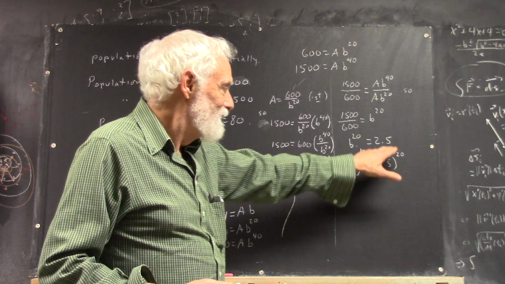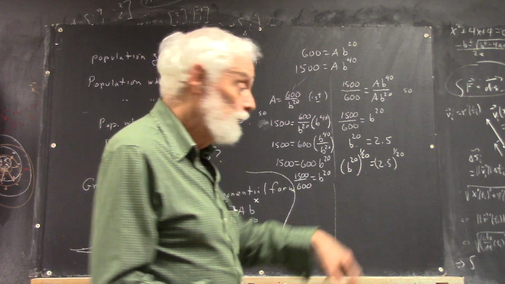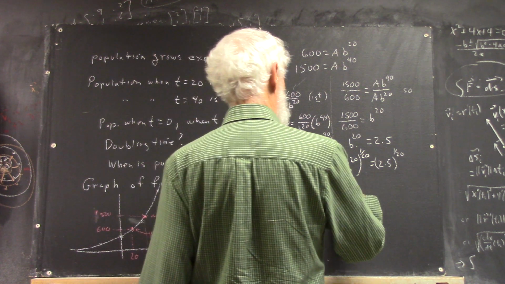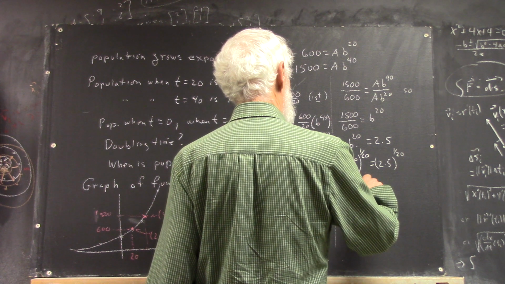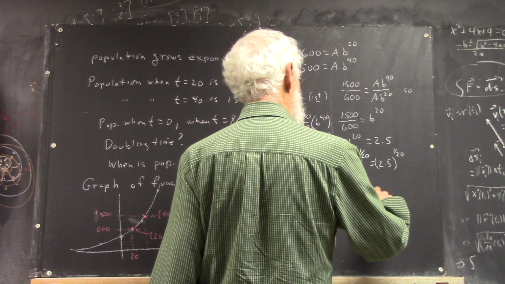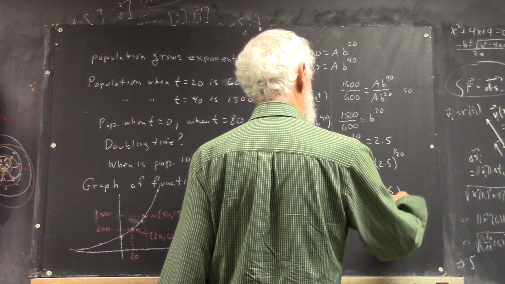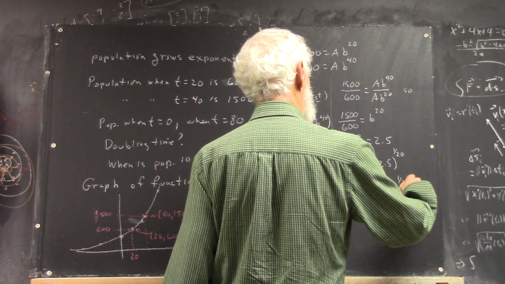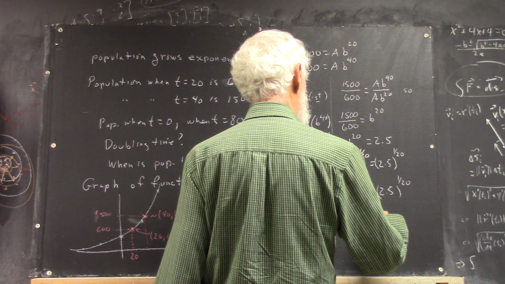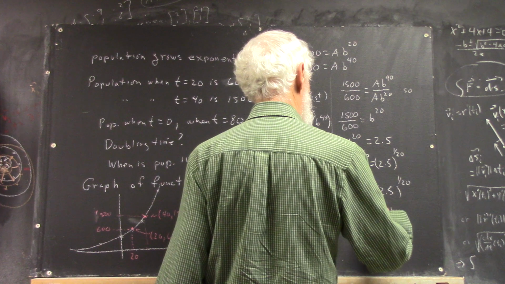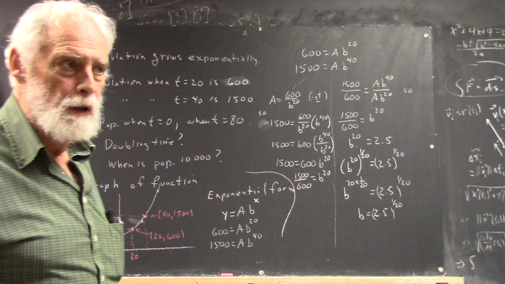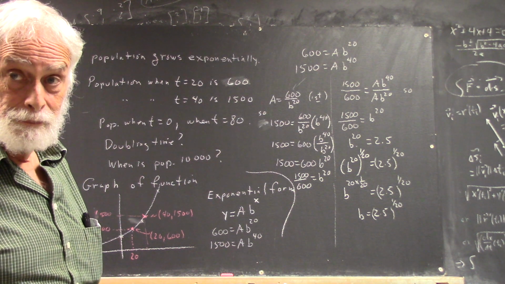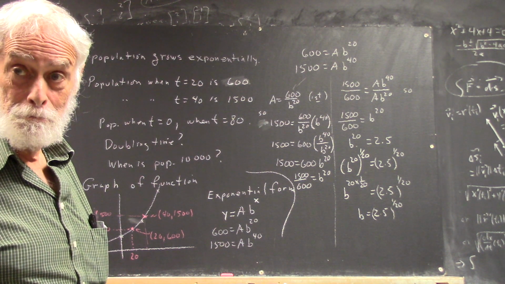Take the 1/20th power of both sides, because b to the 20th to the 1/20th is b to the 20 times 1/20th. So b is 2.5 to the 1/20th. Okay?